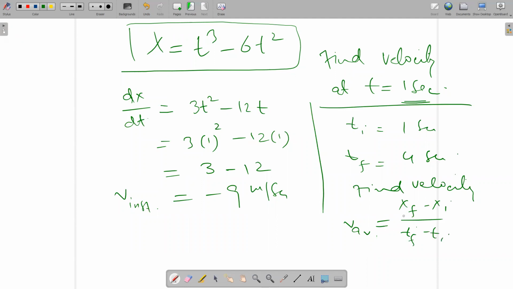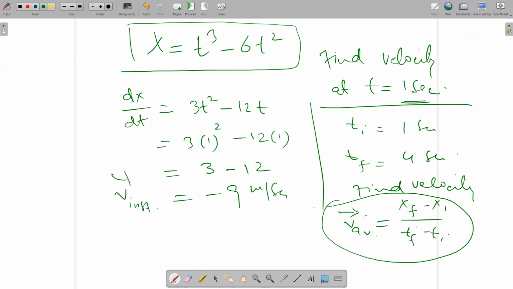So xf means you will put here tf, how much value? 4, and solve it. Then you will put t is equal to 1, this is your xi. So you have xf, xi, you know the tf and ti, and putting the values here and solving it, you get the answer. This is your average velocity.